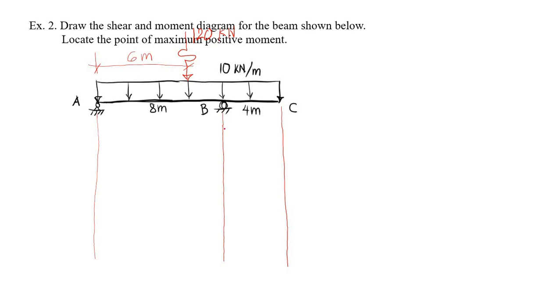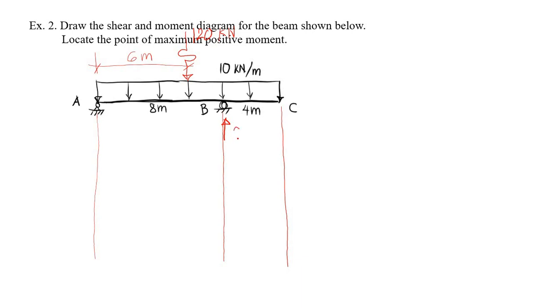Now, to solve for our reaction B, we will sum moment about point A. We have 6 times 120 divided by 8 in order to solve for our B_y.